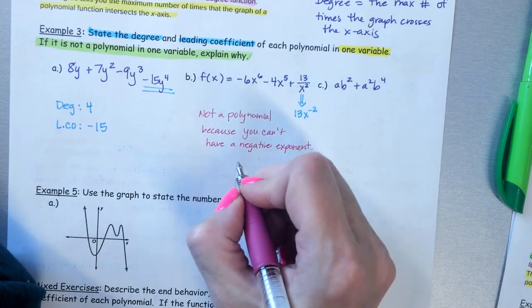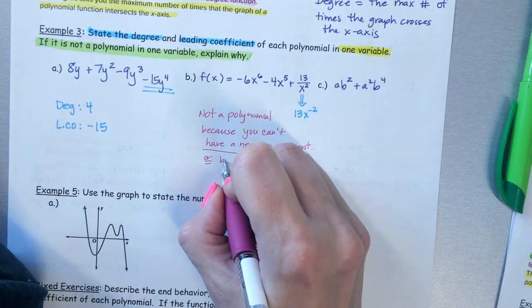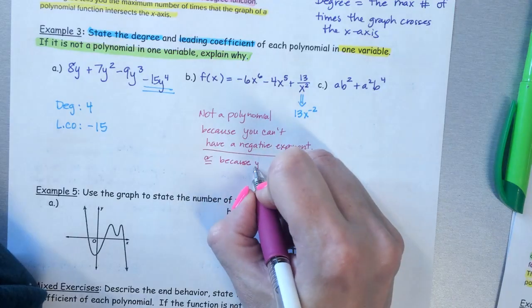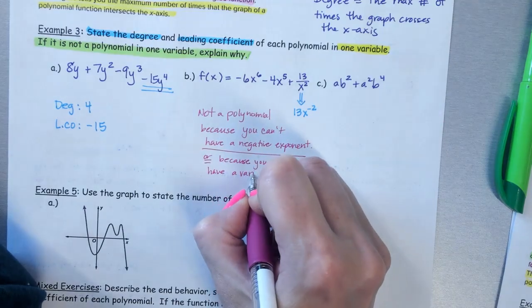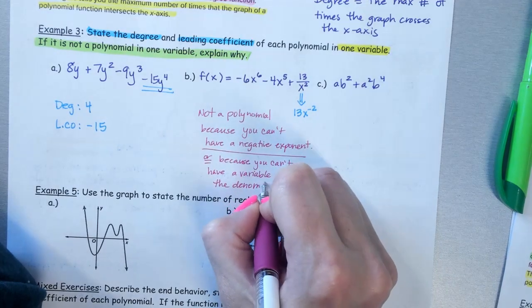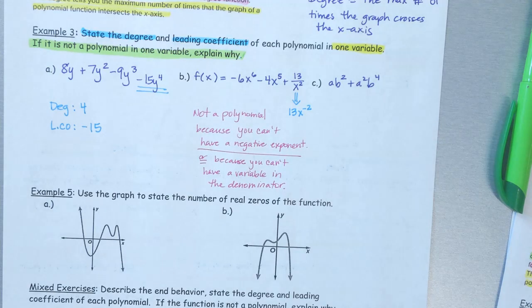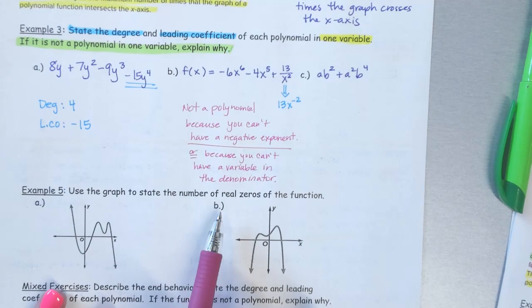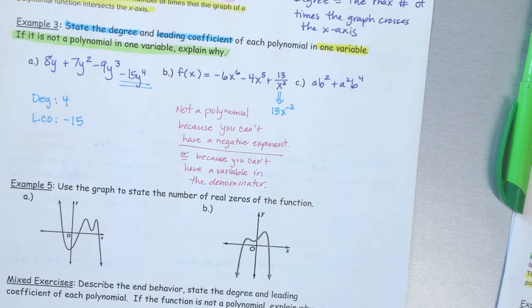Or you can say it's not a polynomial because you can't have a variable in the denominator. Okay, either one of those is fine. So a variable in the denominator is a negative exponent, so it's okay if you use that terminology. But you do have to state that it's a variable in the denominator that's a problem. It's not going to be a problem if it's a number. It's only if it's a variable.